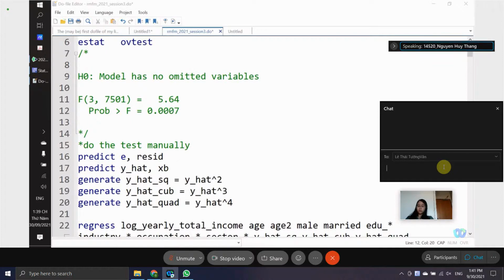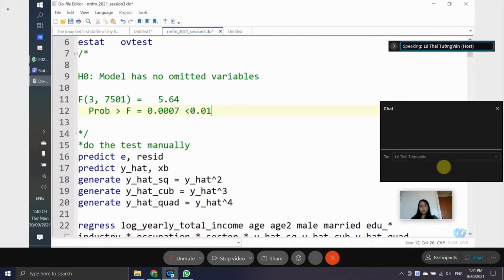At 1% level, I think that we should reject the null. Okay, so you sound very reluctant, but actually this one is smaller than 0.01, right? Yes.